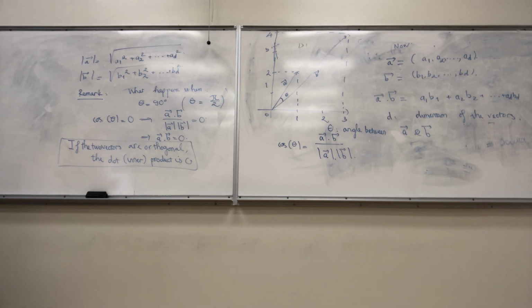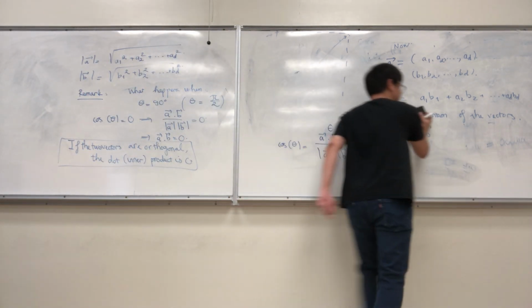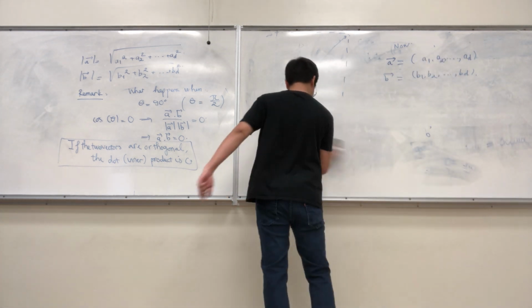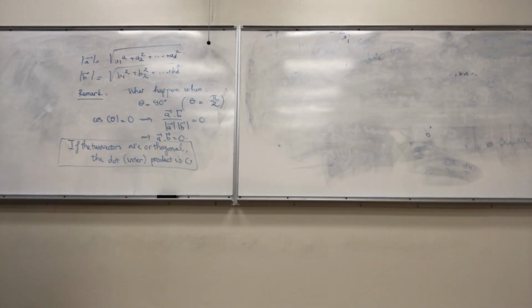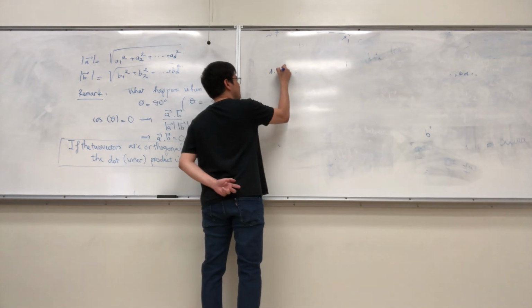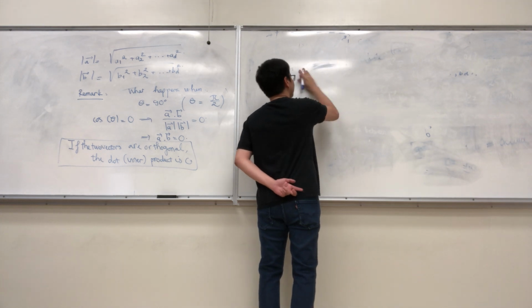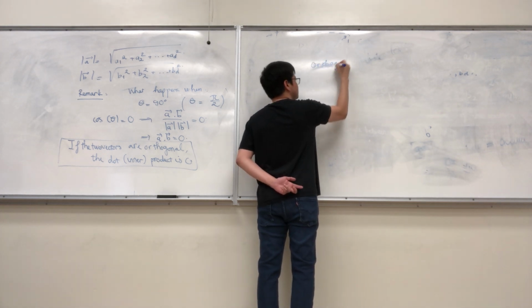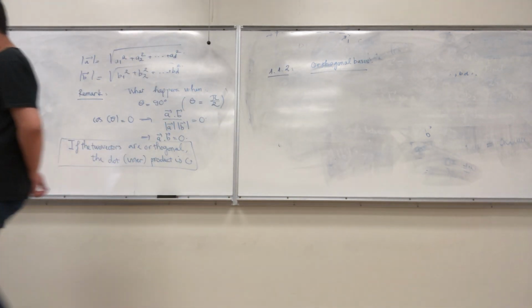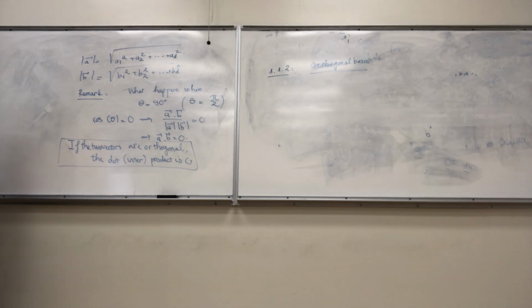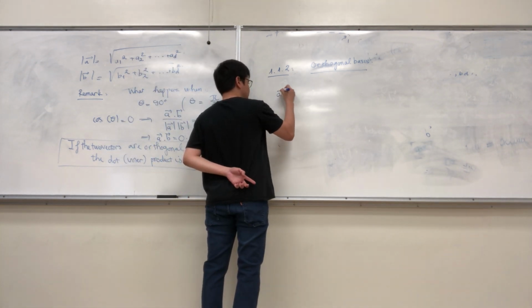All right, so now let us go to the next one, which is basis. Orthogonal basis. Let us consider the vector A, which is (1, 2).